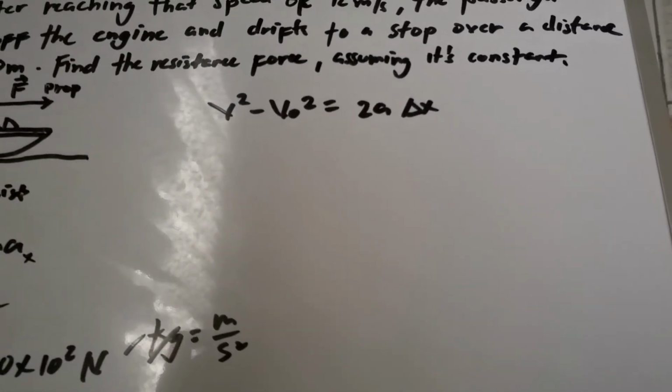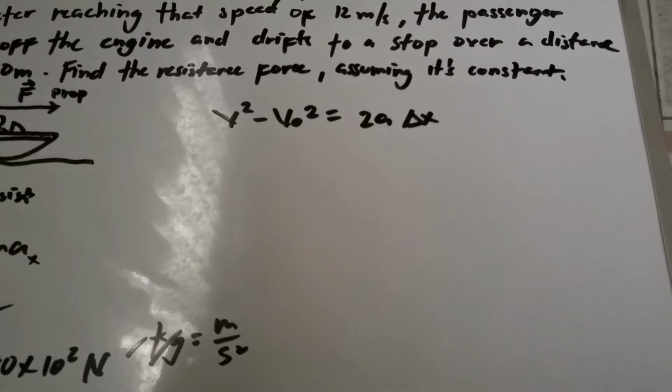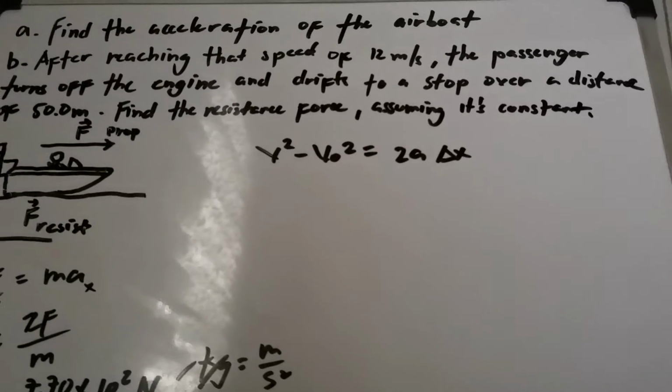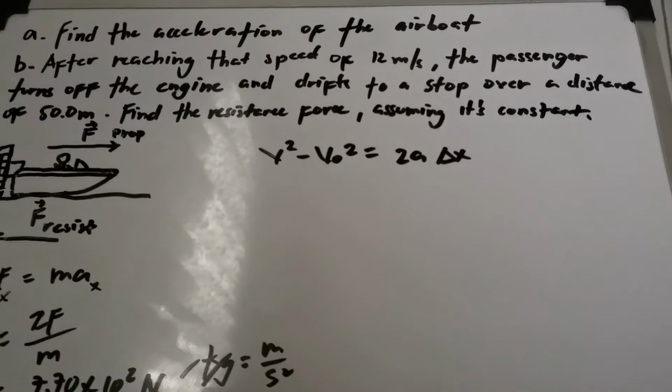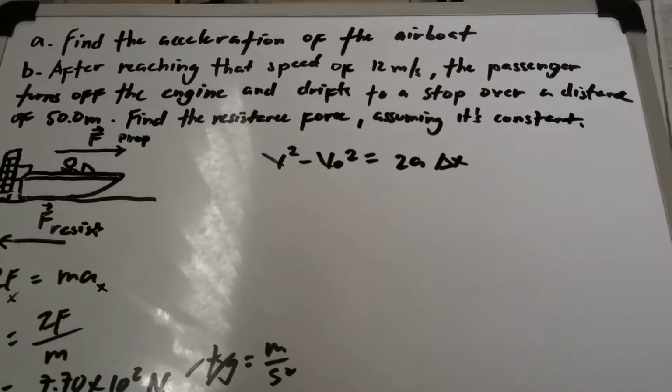Since the given position in letter B is 50 meters, that is the displacement. And the given speed of 12 meters per second is the initial speed of the boat. Since the boat stops after reaching 12 meters per second and drifts until it covers 50 meters, the final velocity is 0.